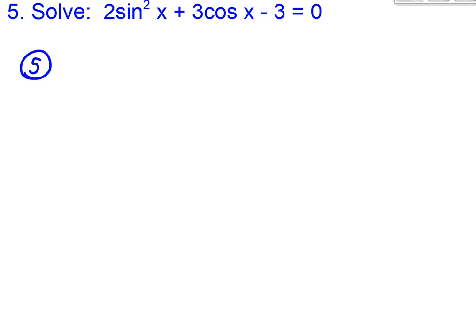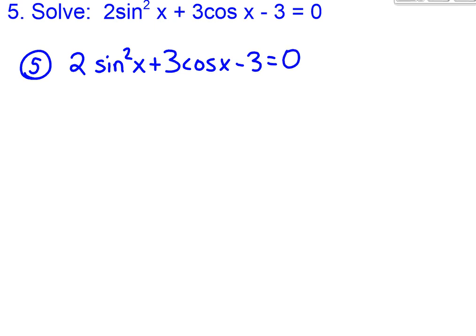It has sines and cosines. And so: 2 sine squared x plus 3 cosine x minus 3 equals 0. I want to be able to use the factoring technique if possible. The thing I want you to notice is that it has sine squared in it.